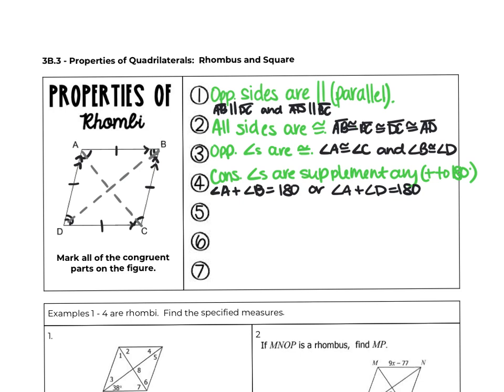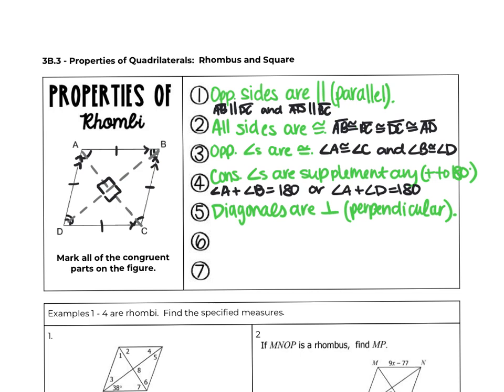So a few things, like I said, the diagonals are going to do. First thing is diagonals are perpendicular, and that is the symbol. And if you remember, perpendicular means they form a 90-degree angle where they cross. So it really means all 4 of these angles here are 90, okay?